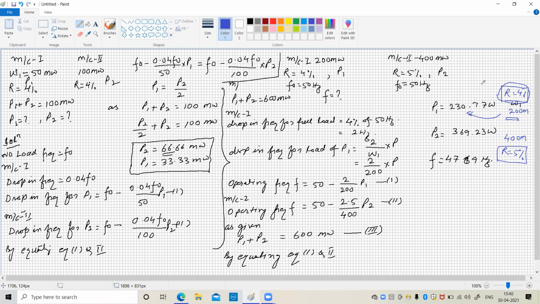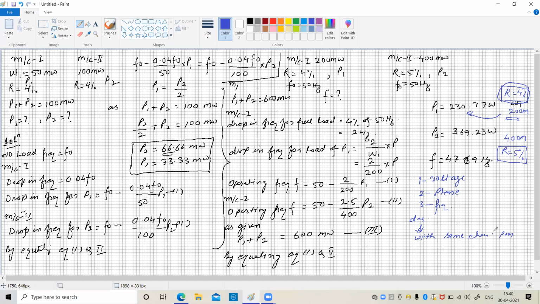So therefore the primary necessary condition is that the voltage should be the same. Second, the phase sequence should be the same. Third, the frequency should be the same. And the desirable characteristic is that if they are fitted with prime movers of the same characteristic, then definitely the load is shared by the alternators as per their capacity.